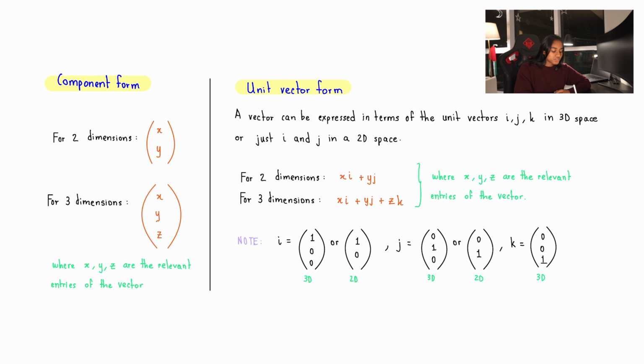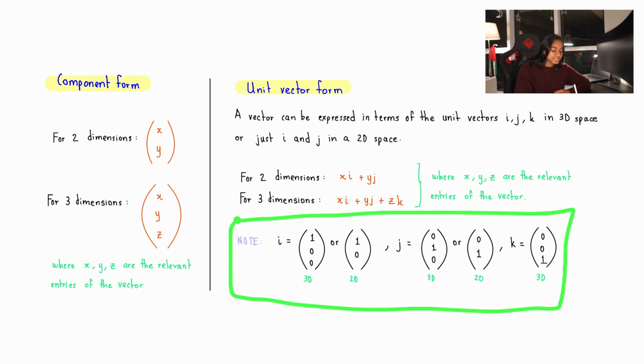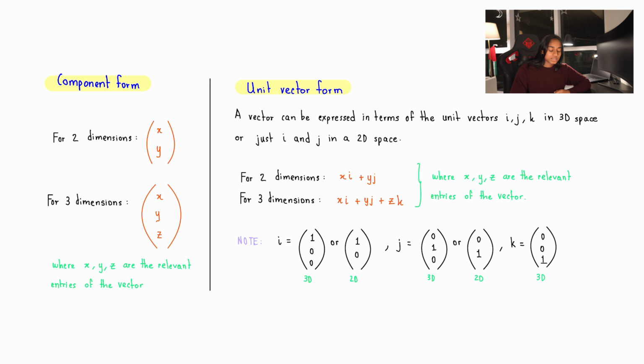But for now, just note that in 3D and 2D spaces, for 2D spaces we only have i and j, because in 3D space, we have 3, remember? And in 2D space, we only have 2. So we have i and j. And for 3D, we have i, j, and k.